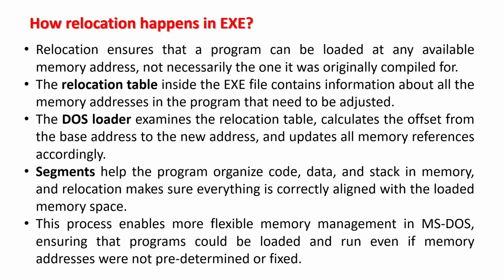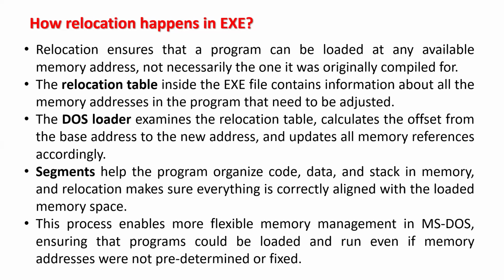This was important earlier when memory management was less flexible and programs often needed to be relocated when they were loaded in memory. Now, if we have to really understand why this was required, the first reason was memory flexibility.